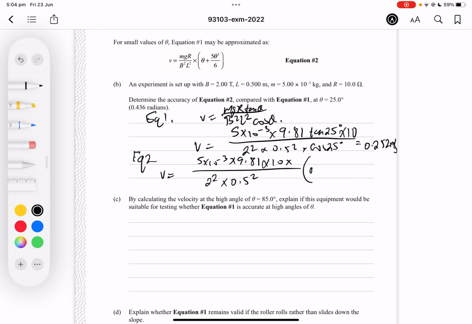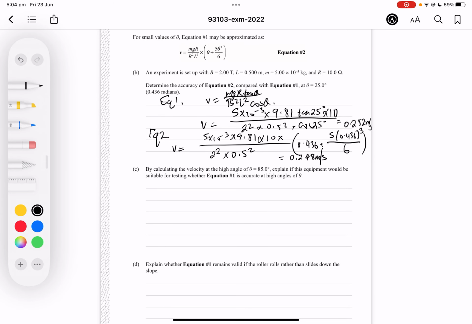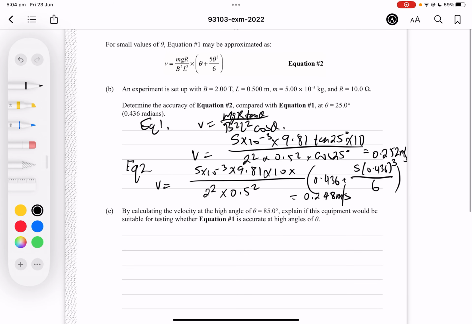So it'll be 0.346 plus 5 times 0.346 cubed divided by 6. And this will be equal to 0.248 meters per second. The difference, as a proportion, would be 0.252 minus 0.248 divided by 0.252, which is approximately 1.6% difference.